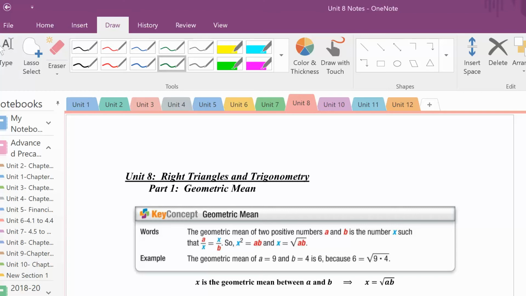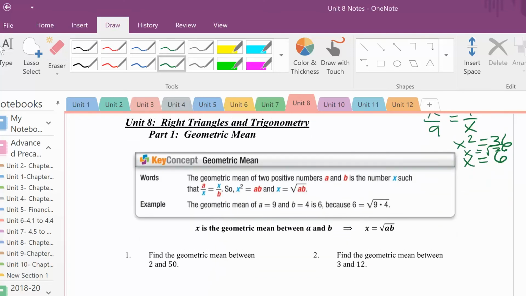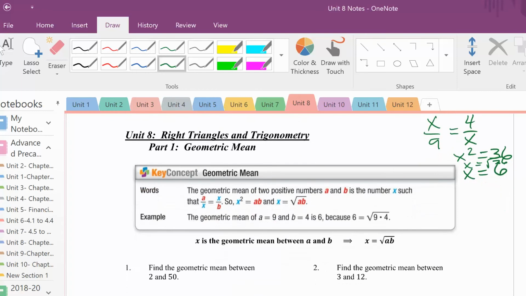For example, the geometric mean of 9 and 4: x over 9 equals 4 over x, cross multiply, x squared equals 36, x equals 6, because it's the square root of 36. So that's how you find the geometric mean: you take the square root of the product of the two numbers.